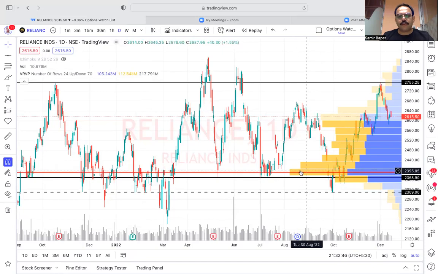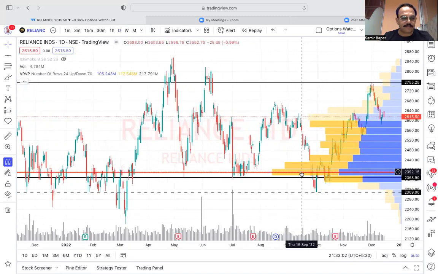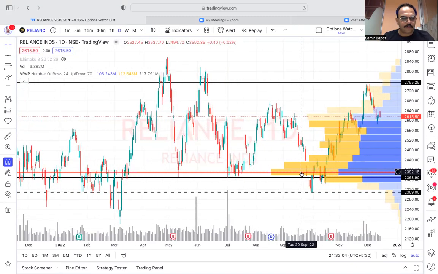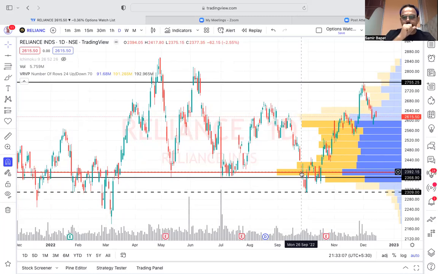So can we all agree? Can you see this bar graph? It is showing the highest approximately in this area. Yes? Let's take from December, for the last 1 year.